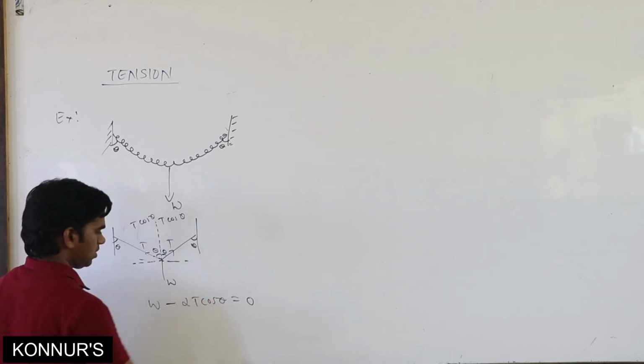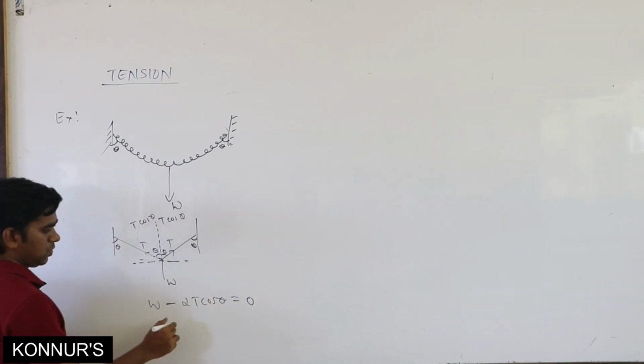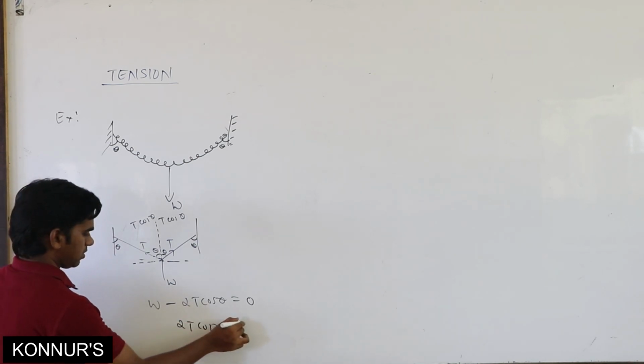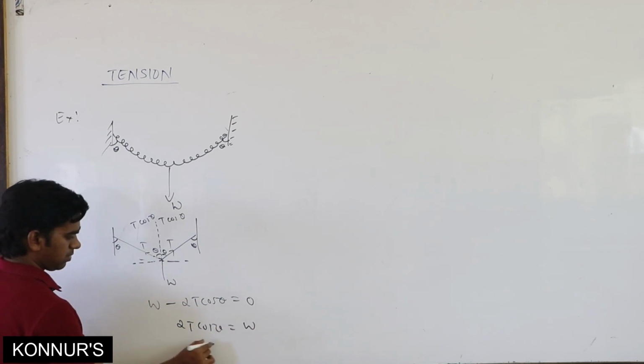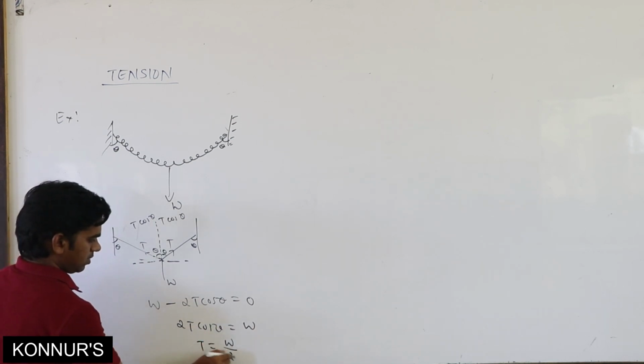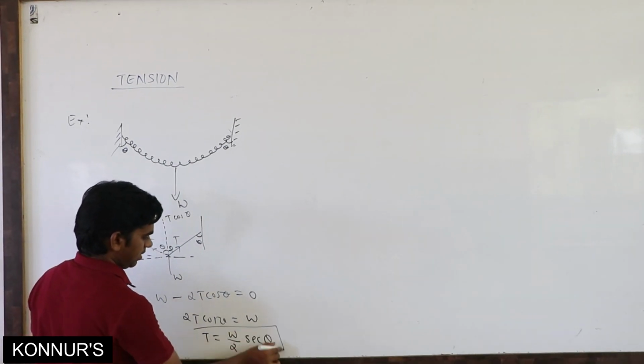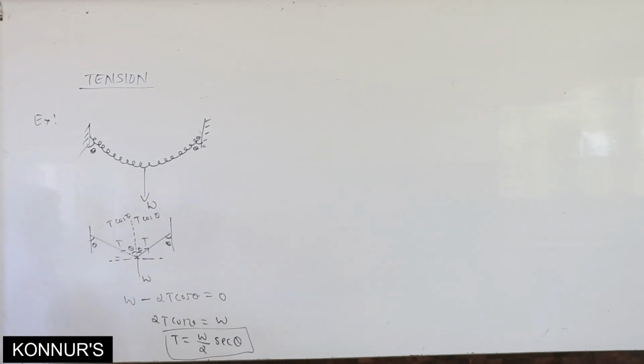It is not moving, so it is going to be 0. So 2T cos theta equals W. So T equals W by 2 into 1 by cos theta, which is sec theta. This is going to be our answer.